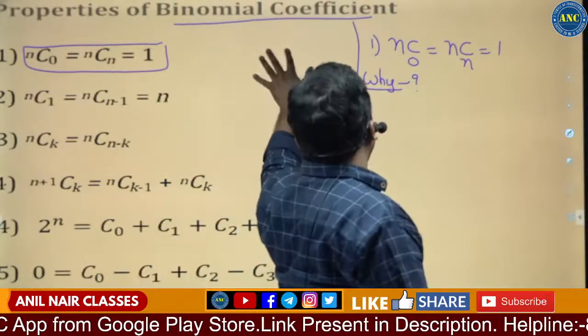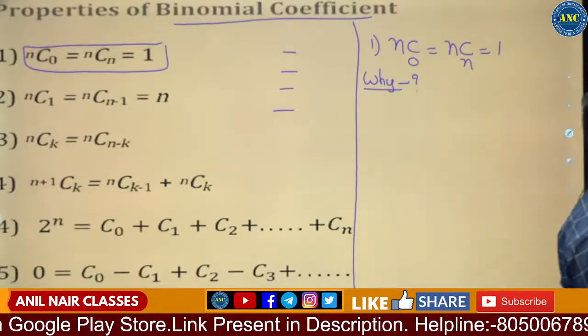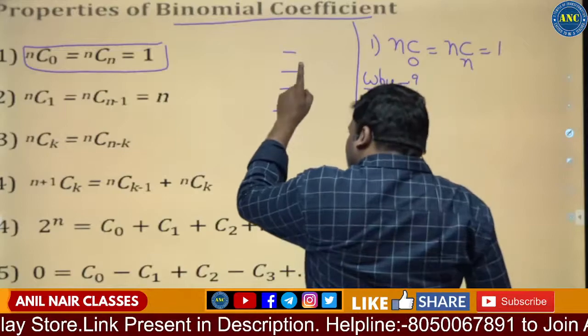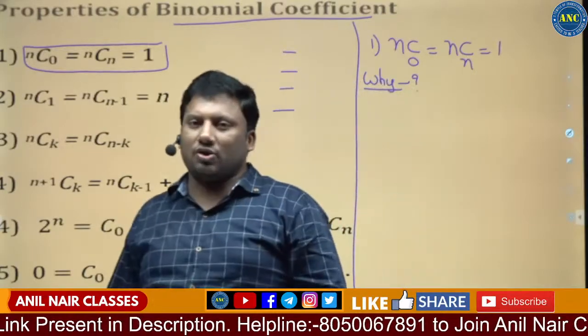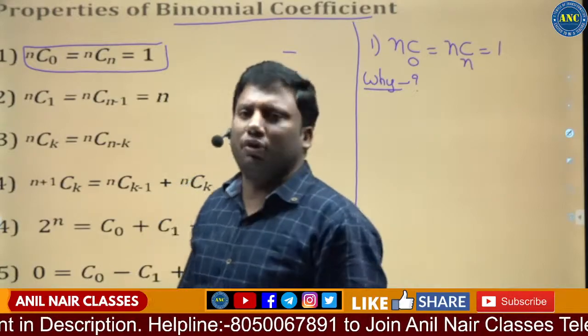Suppose there is a question of 4 options. You decide you did not attempt this question. In how many ways will you not attempt a question? Only one way, right? If you attempt a question, then there are 4 ways.